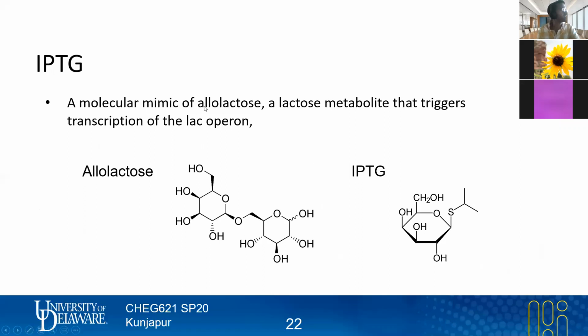There's also a mimic of lactose called allolactose that can trigger transcription of the lac operon. And IPTG is effectively a mimic of allolactose. While these chemical structures aren't drawn in exactly the same way, you can see the oxygen replaced by a sulfur, and this branched group of carbons instead of a second sugar.